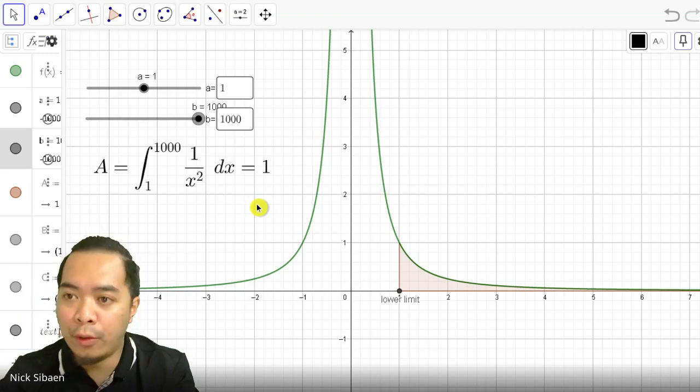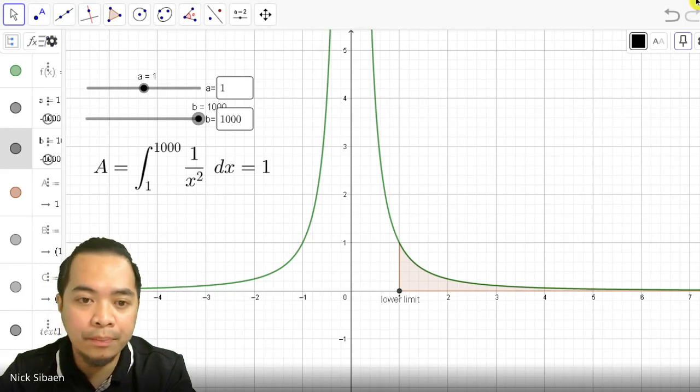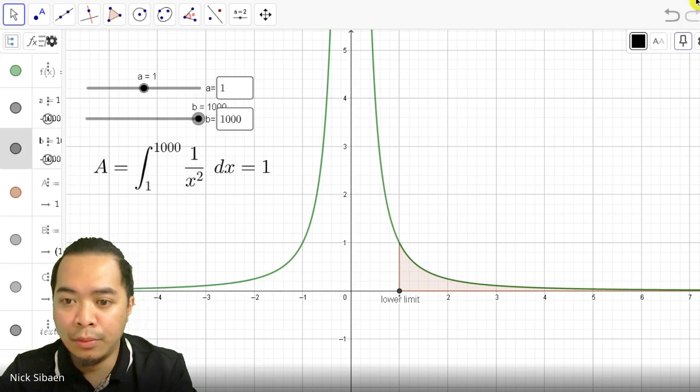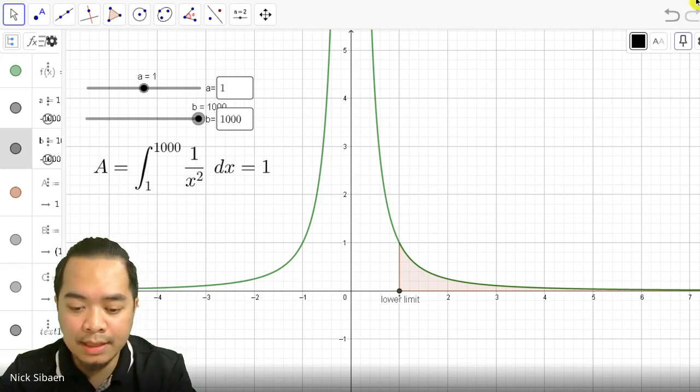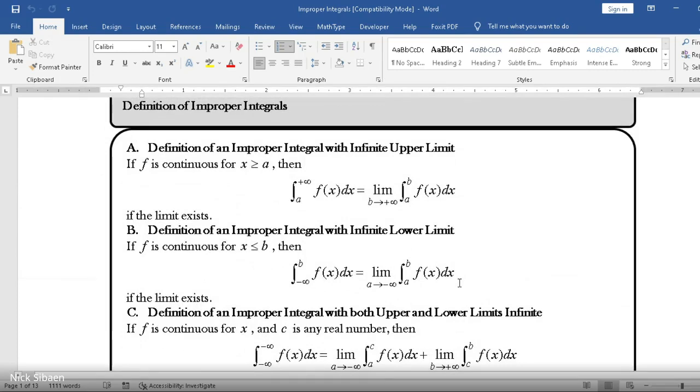At ang formula or ang definition, meaning how we compute those integrals, are provided in your module. You see letter A, B, at saka C. Sa letter A, katulad ng pinakita natin kanina sa unang example, the upper limit is the positive infinity.